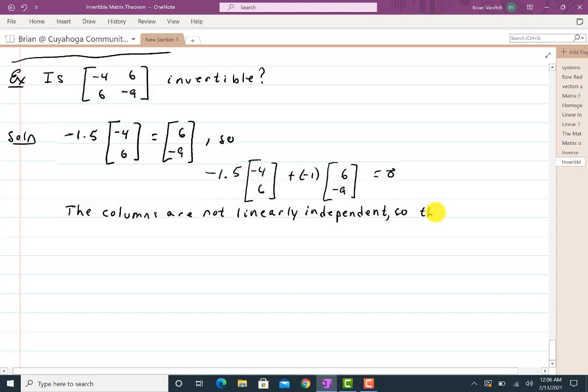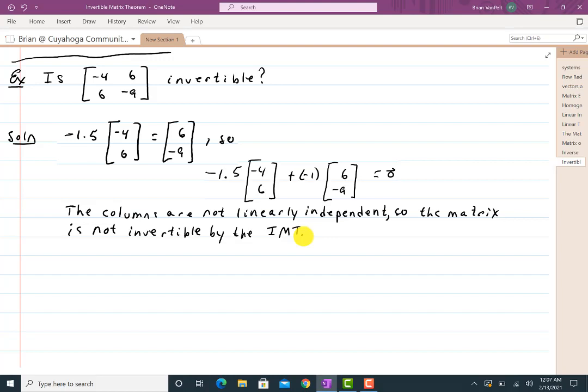So the matrix is not invertible by the invertible matrix theorem. Most of these examples are going to go straight from the theorem or that thing that I just proved after it.